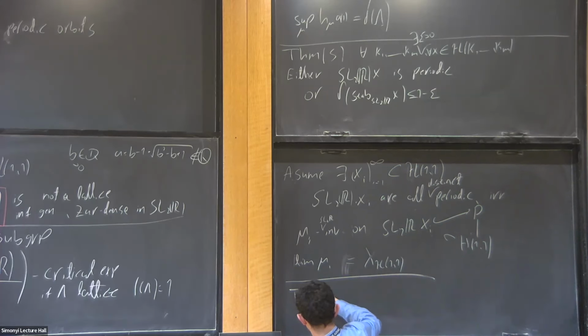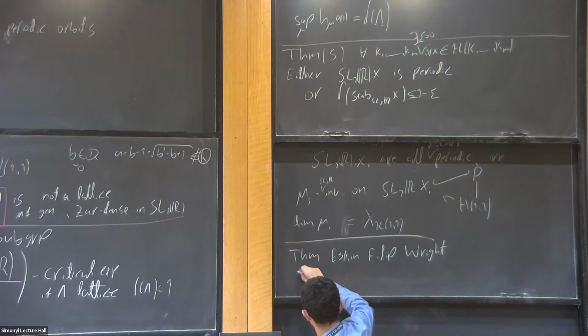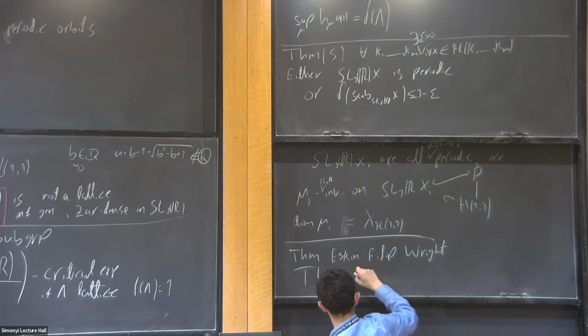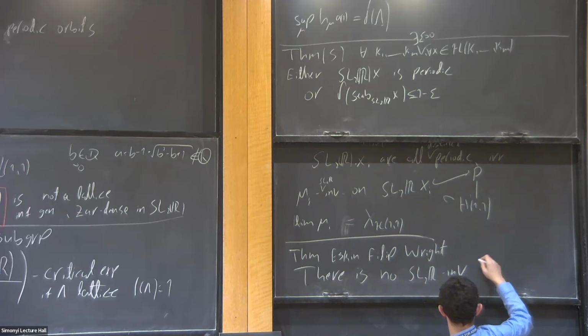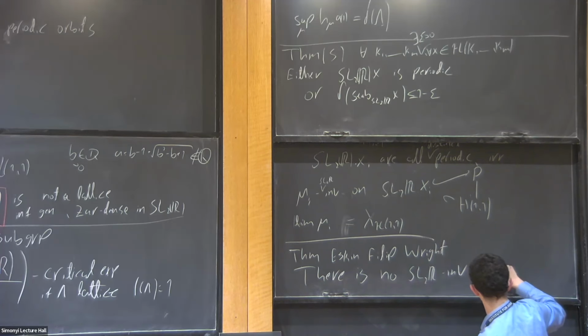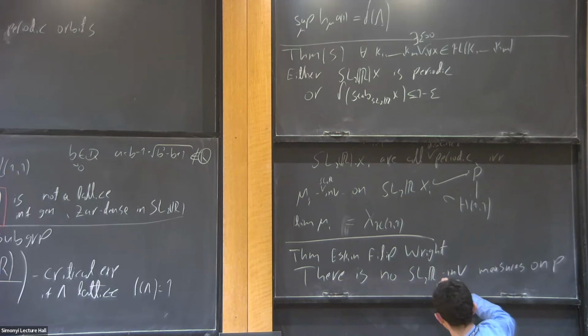And now, theorem, Eskin-Mirzakhani: there are no SL2R invariant measures on P that project to Lebesgue on H11.